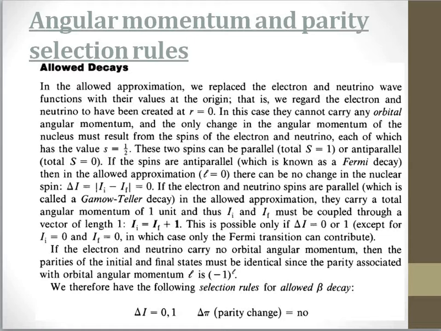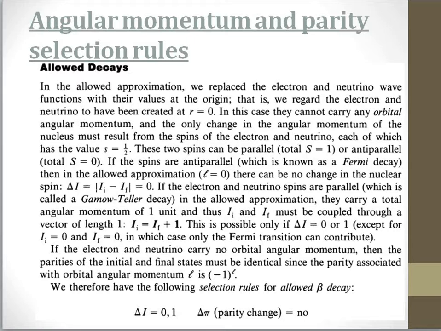That is, the total angular momentum before decay, the angular momentum of the parent, should be equal to the total angular momentum of the daughter and the angular momentum of the particles emitted by the nucleus.